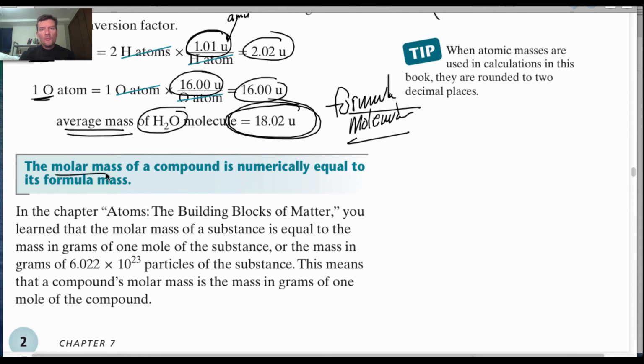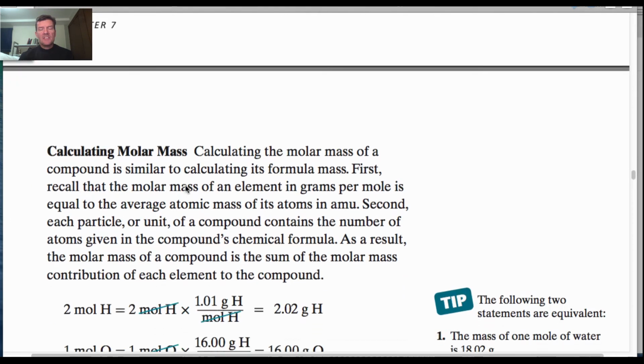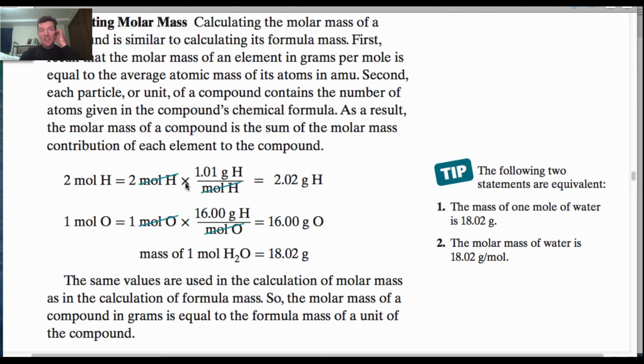The molar mass is simply numerically equal to the formula mass, but it's going to be in grams. It's in grams. Okay? It's going to be in grams because the molar mass is in grams, not in AMUs. So let's do the same thing for water. Same formula, 2 hydrogens.